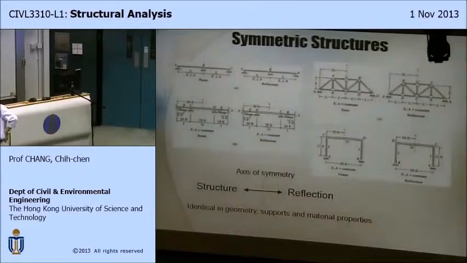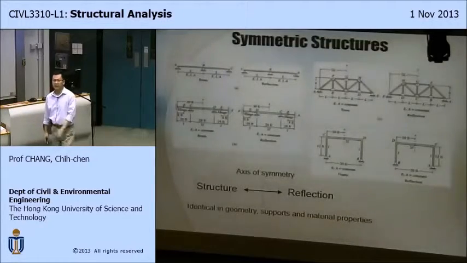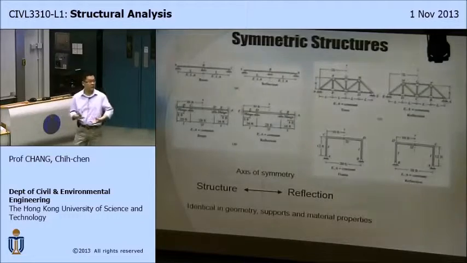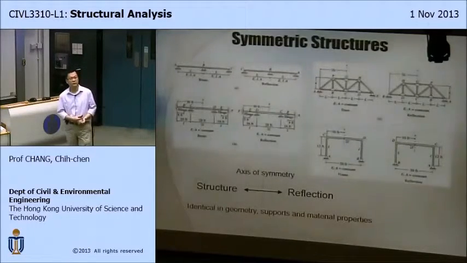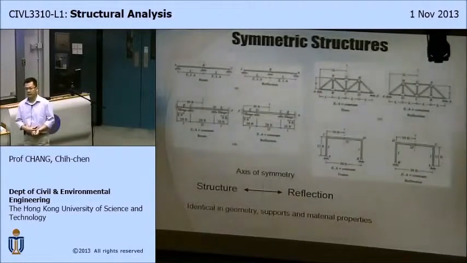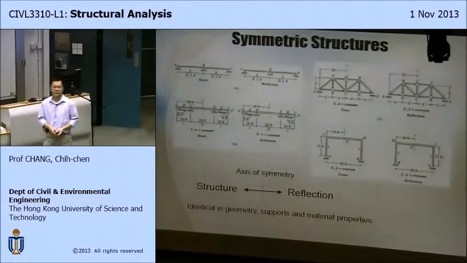Before introducing techniques to do that, we introduce a few concepts that you can use to simplify your analysis. These concepts are centered around the so-called symmetrical structures. If you are so lucky that the structure you are trying to analyze is a symmetrical structure, then you can utilize these concepts to simplify it.